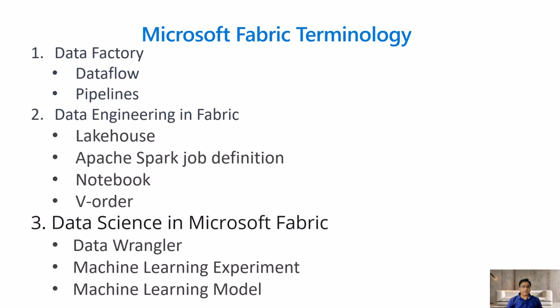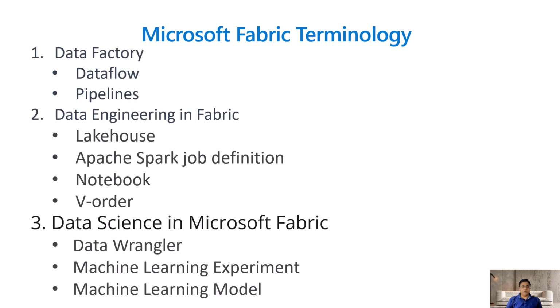Then the next one is data science, and in data science it provides you various data science tools like machine learning studio. You might already be aware of it, so the same machine learning experiments you can do here as well. It provides you data wrangler, which helps you to wrangle your data with the powerful notebooks, which is designed to assist the data analysis.